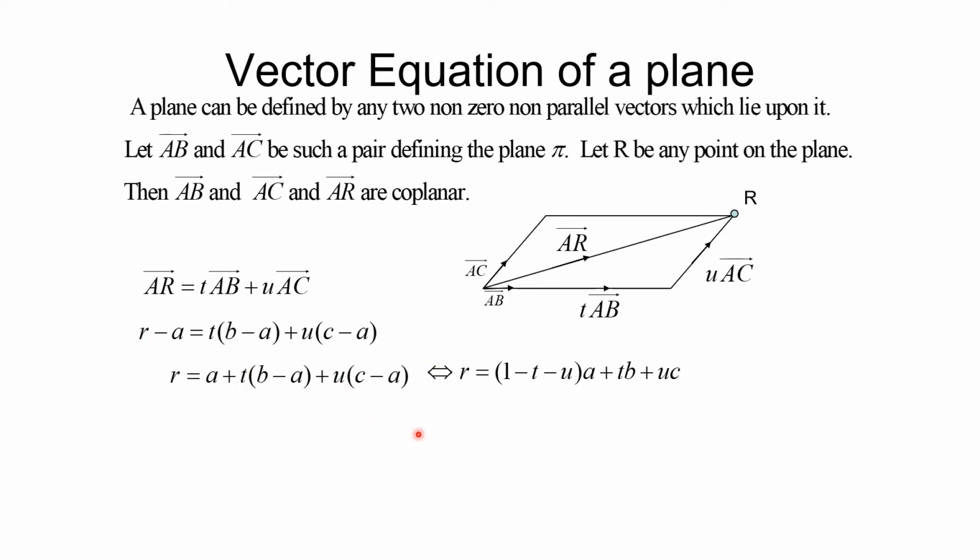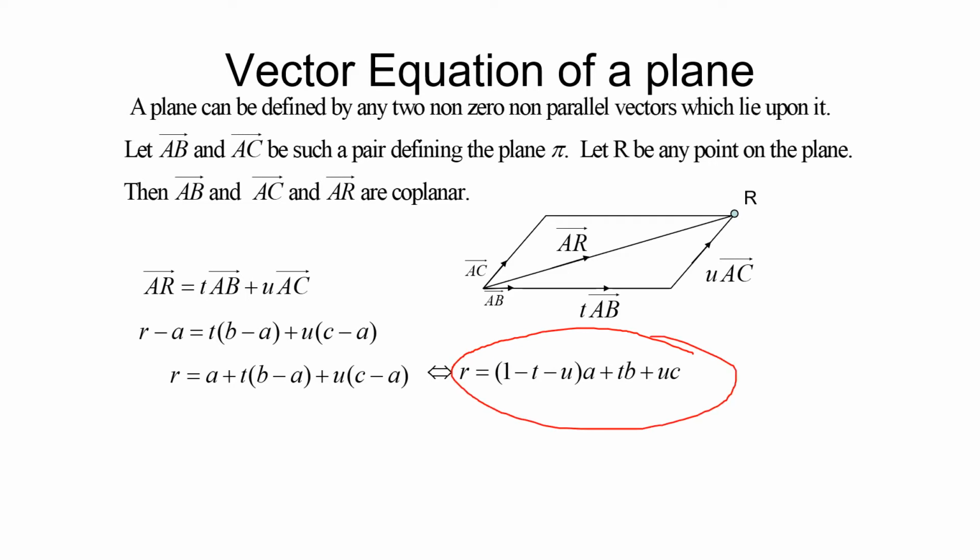We collect the coefficients related to vector A together, and vector B and C respectively. So we will reduce our vector equation of a plane and write it in such a form.